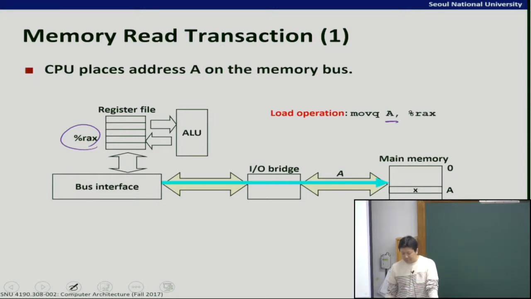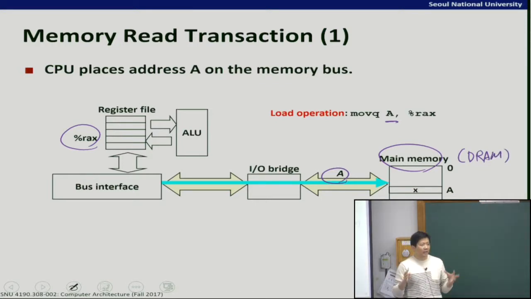The first step, the CPU places address A on the memory bus. Then this main memory, which is DRAM, actually receives this address.